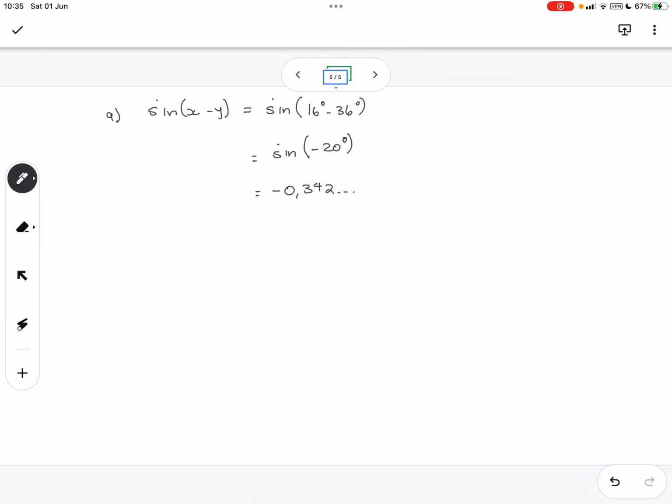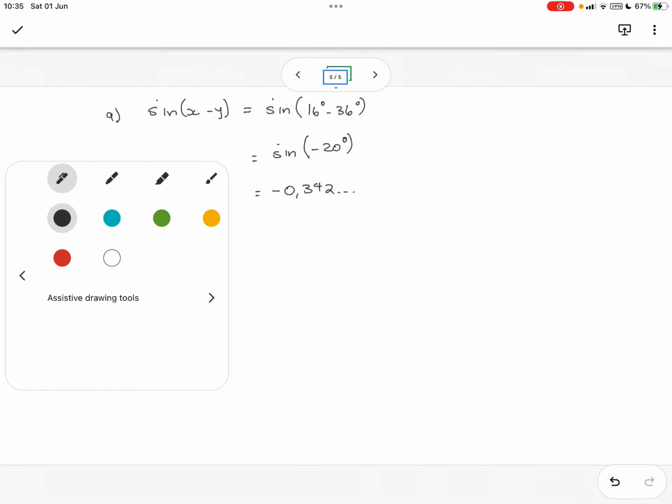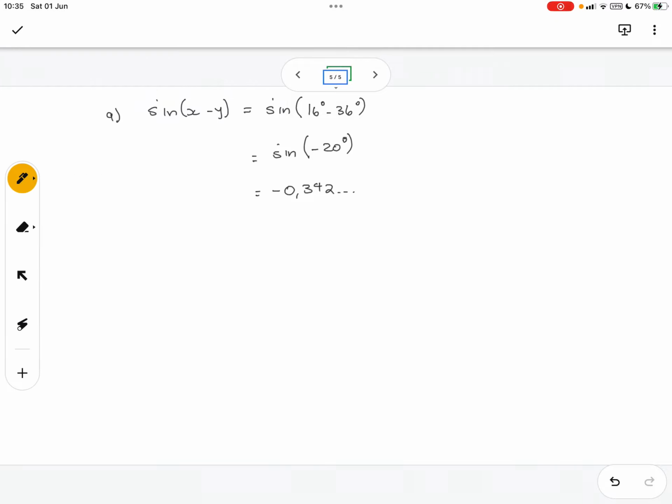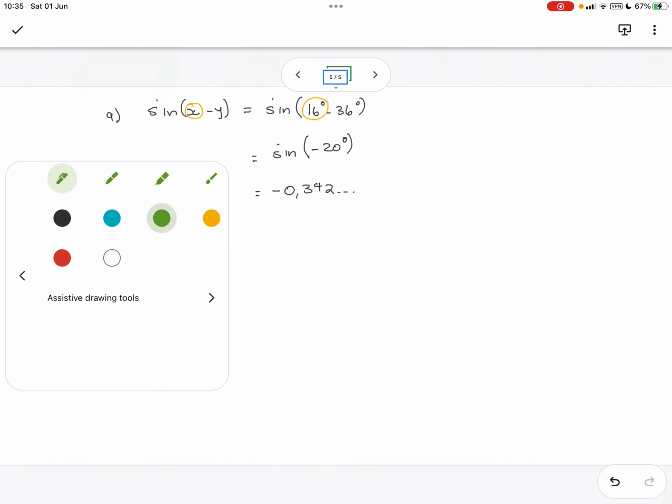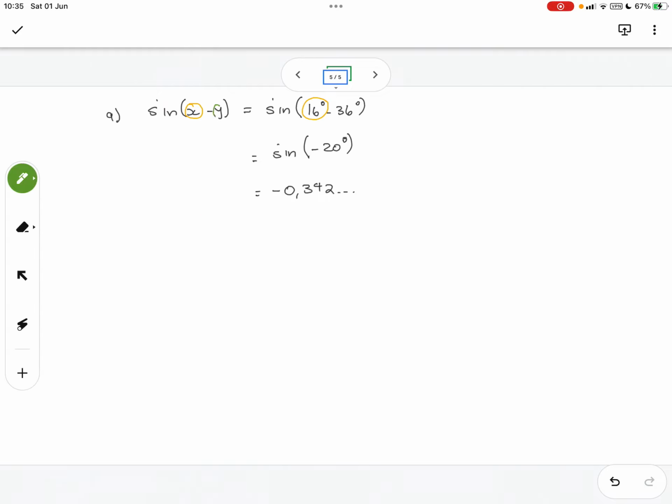And here's why there's no need. With this type of problem, I want you to notice two things. The first one, we're given the value for x. And the second one, we're also given the value for y. So in order to evaluate this problem, we can just substitute.